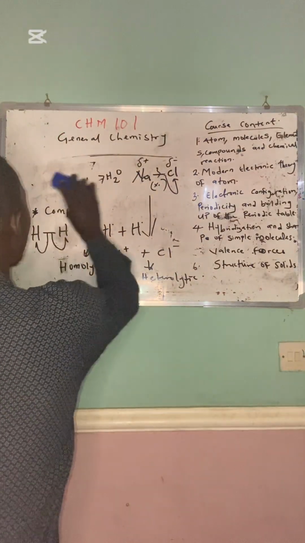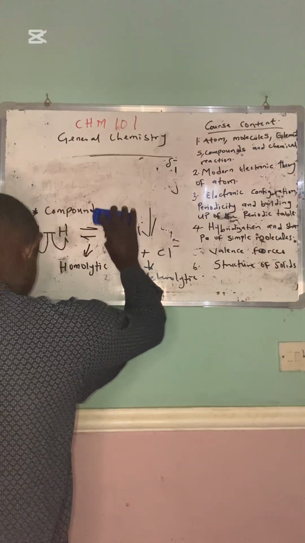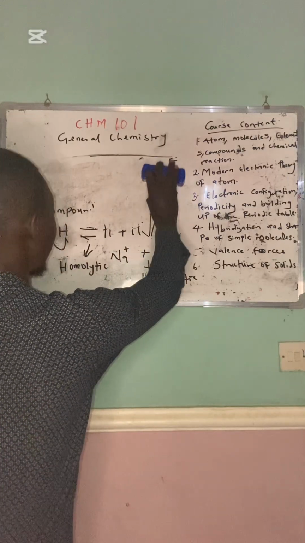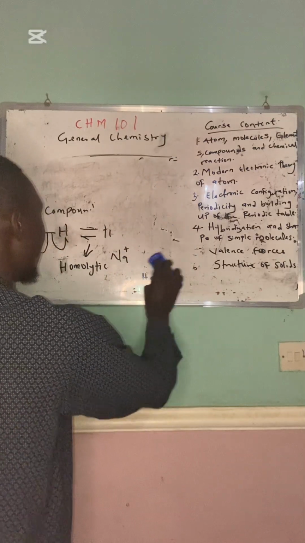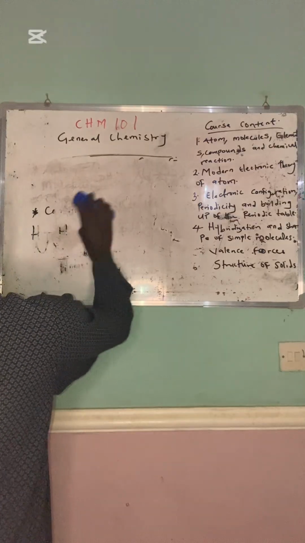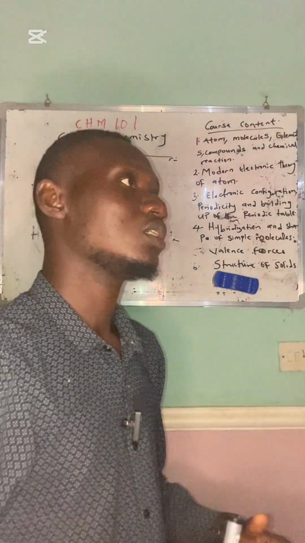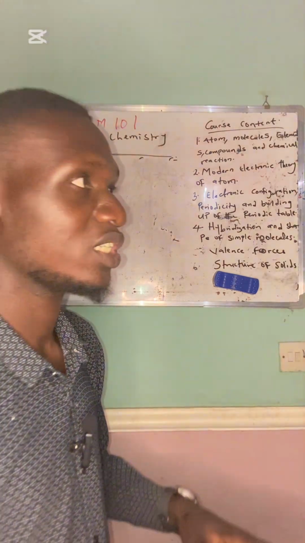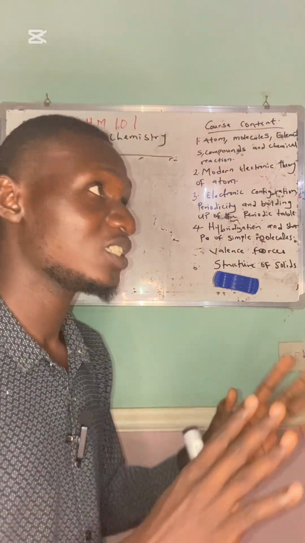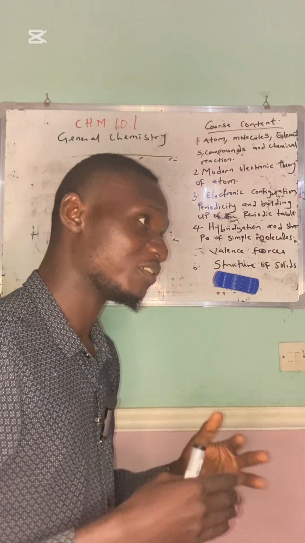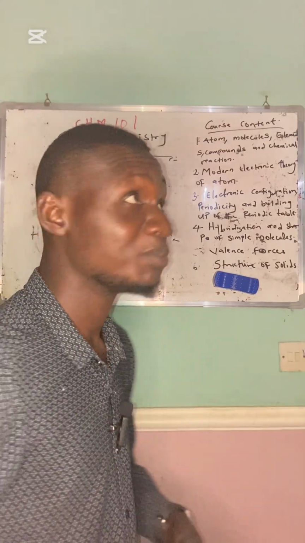So what do we understand by a chemical reaction? I'm just taking this for an elementary stage. We are trying to understand some of the terminologies and then have a lighter view about them.